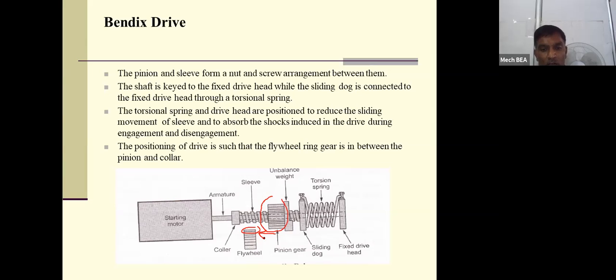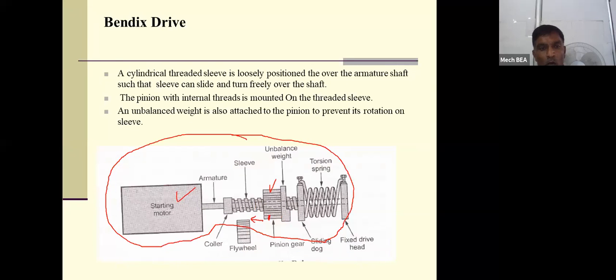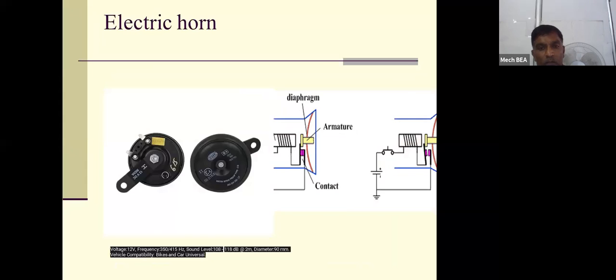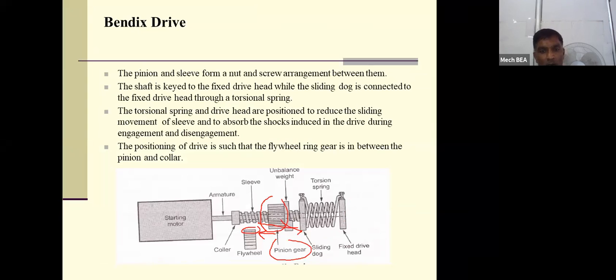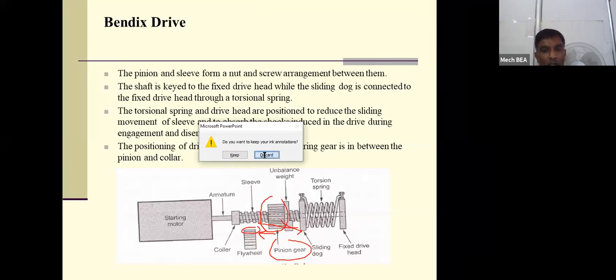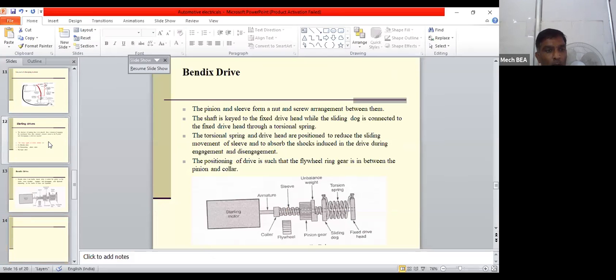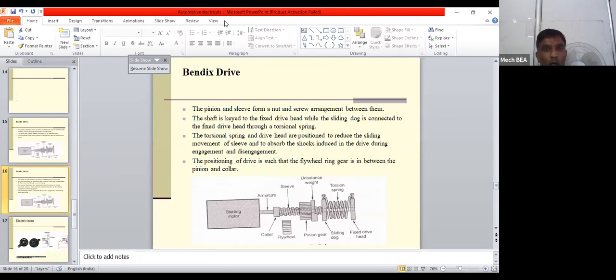So this switch is spring loaded. For a certain time this pinion is going to rotate at high speed. Once the engine starts, this will automatically move in this direction. This way, the Bendix drive or the starting motor is used to start the engine, and automatically that power is provided to the transmission system.